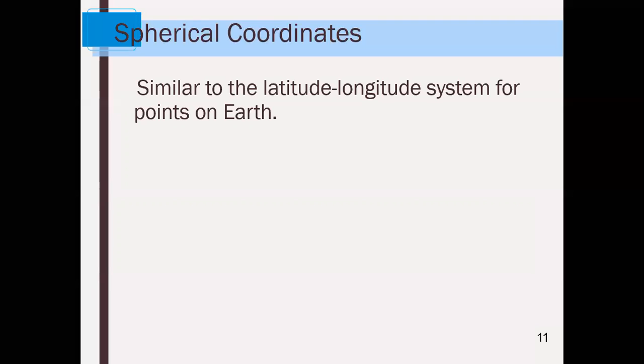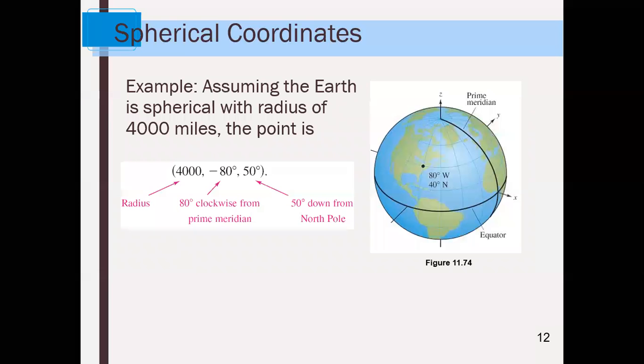Latitude reminds you of a ladder kind of going up. That's how I always remembered it. That's sort of stupid, right? But I always think of a laddered collection of circles on the surface of the Earth. Longitude are the vertical ones that go through the North and South Pole. So here's a little picture.